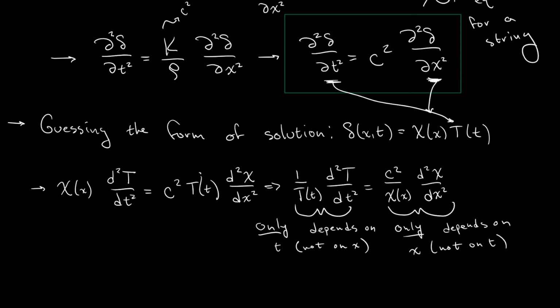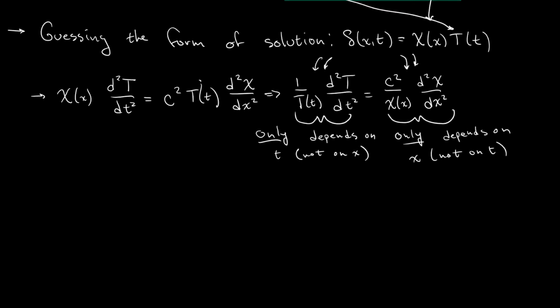So, if I want to equate these things, and I start on the left-hand side, this side can't be a function of x, that means this side can't be a function of x. I know that this side can't be a function of t, which means that this side can't be a function of t, right? That's the whole point of equating two things. And the only way to do that is if both of these sides are equal to the same constant.